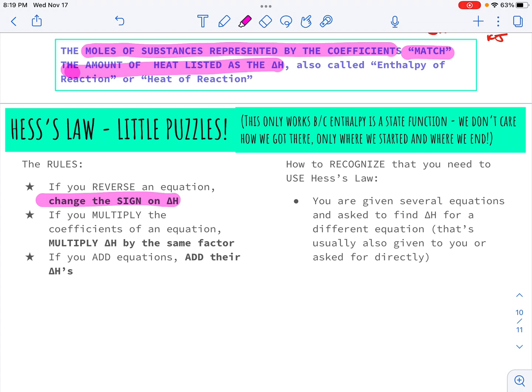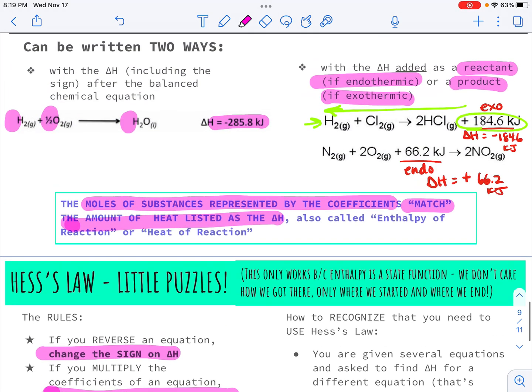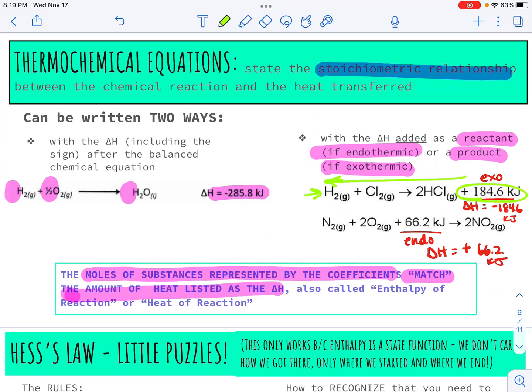If you multiply the coefficients of an equation, you're going to multiply delta H by the same factor. So let's say I'm up here again, and instead of a half a mole of O2, I want this to be 1 mole of O2. That means this would have to be 2 H2s and 2 H2Os. So basically I took my 1/2 times 2, which means I took my H2 times 2 and my water times 2.